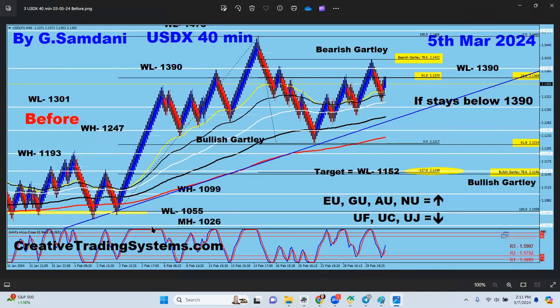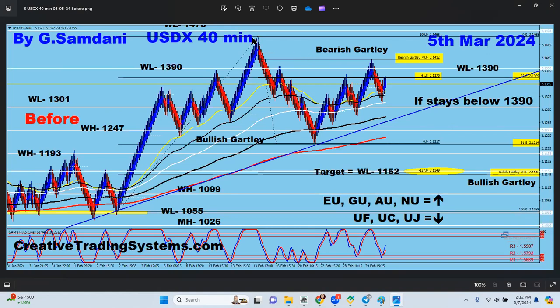This is the chart using Renko. I had this fib from here to here, and you see this, some 61%, and then it went up to 23%. So I said, if it's continuing dropping, then we can drop, and my weekly chart is calling for a drop from 1390s. It's supposed to come down here to make a bullish Gartley pattern at 78%.